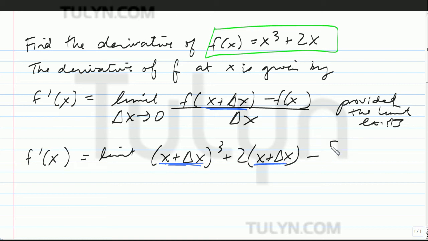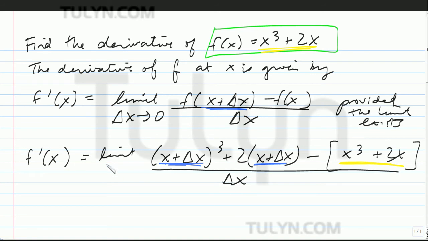Minus, and in parentheses, f of x. So the whole thing right here. So I'm going to put x to the third plus 2x. Now, all of this is divided by delta x, right? And delta x approaches 0.